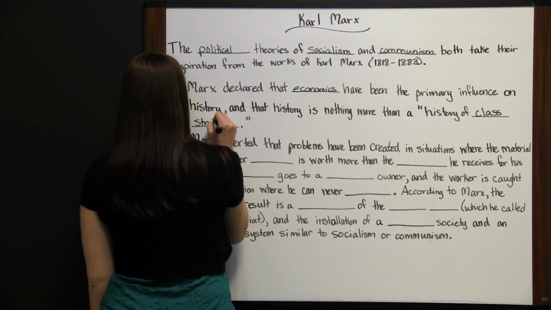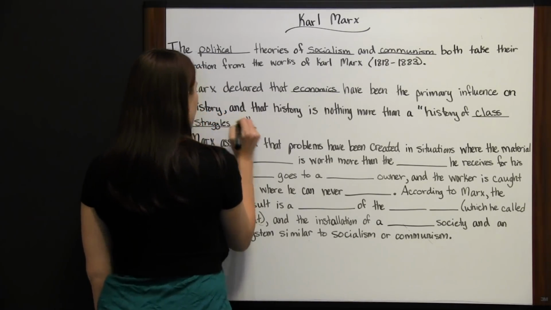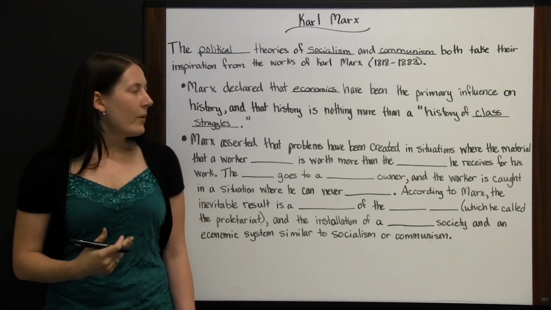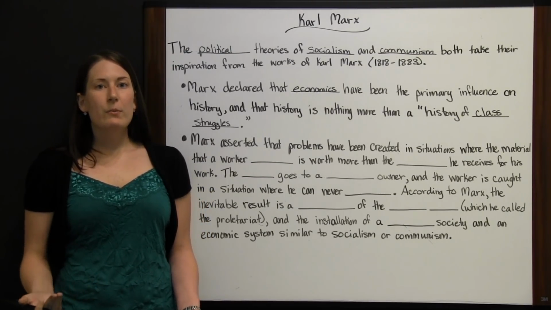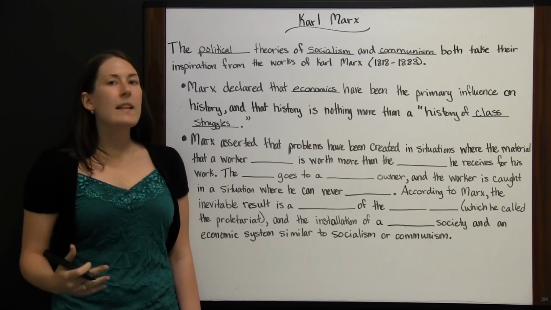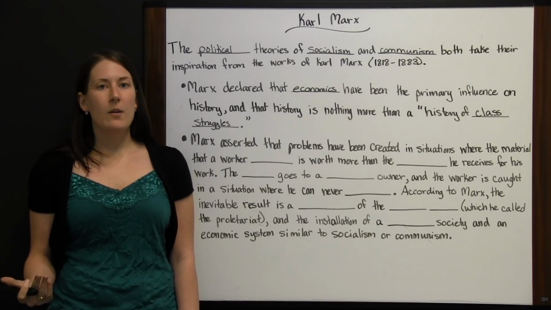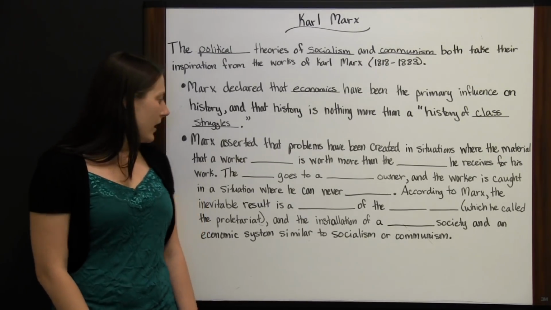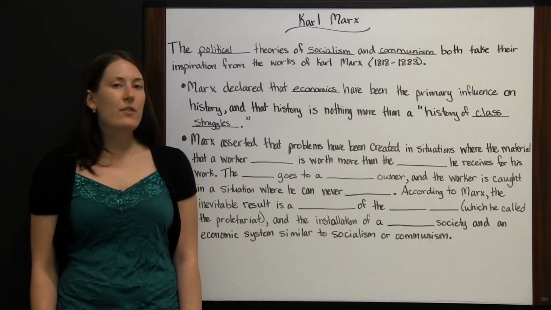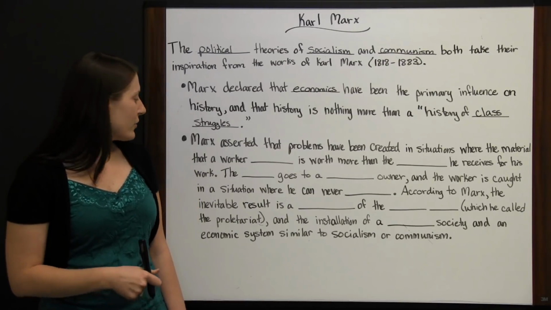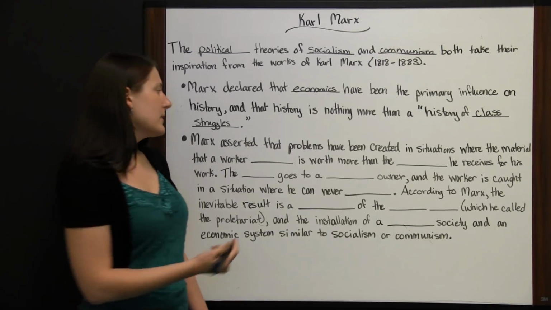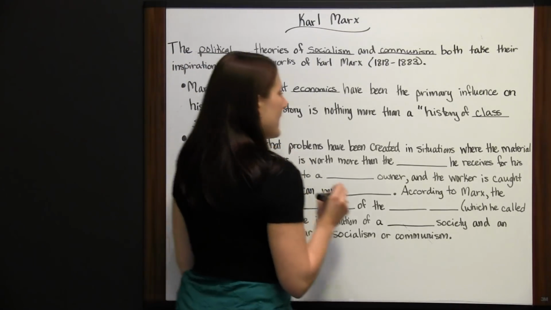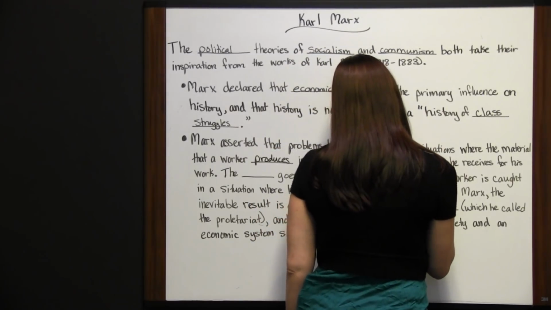So Marx felt like the struggle between classes based on economics was basically what history was. History was just the telling of the struggles between different economic classes, or clashes over economics. Marx asserted that problems have been created in situations where the material that a worker produces is worth more than the compensation he receives for his work.